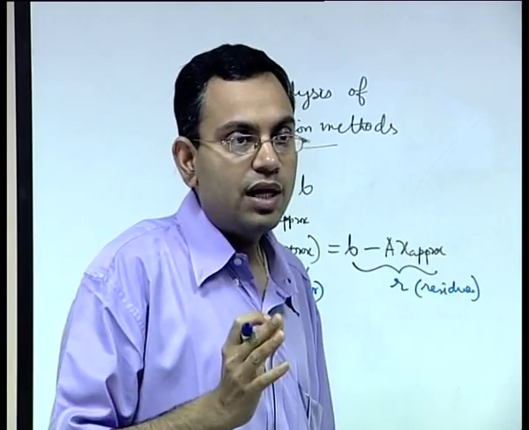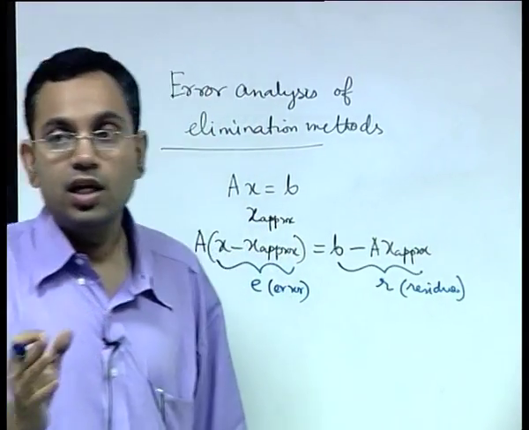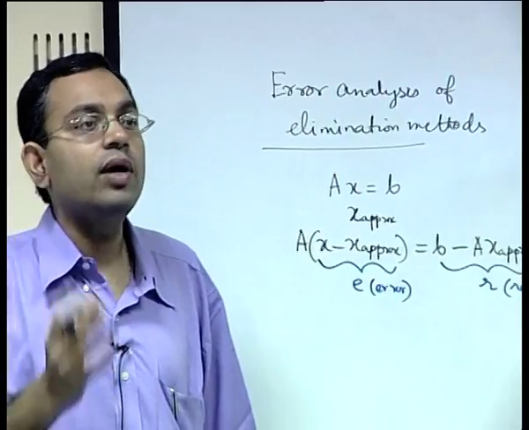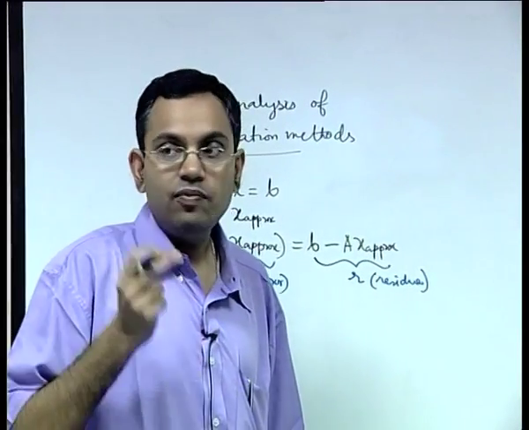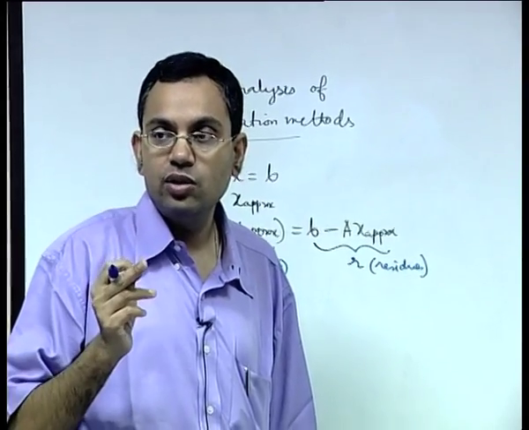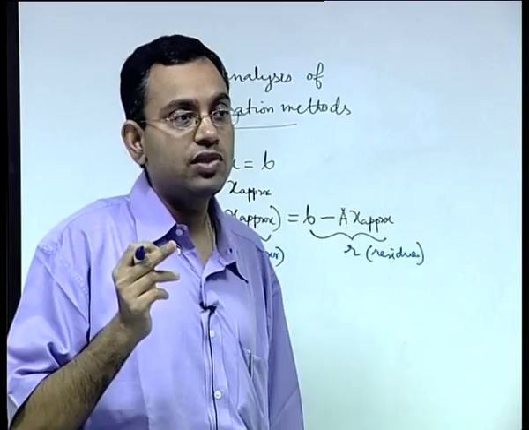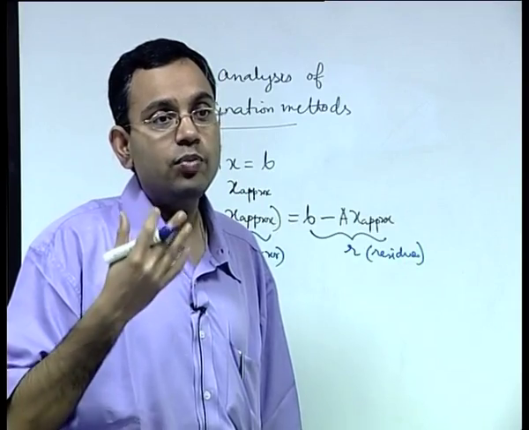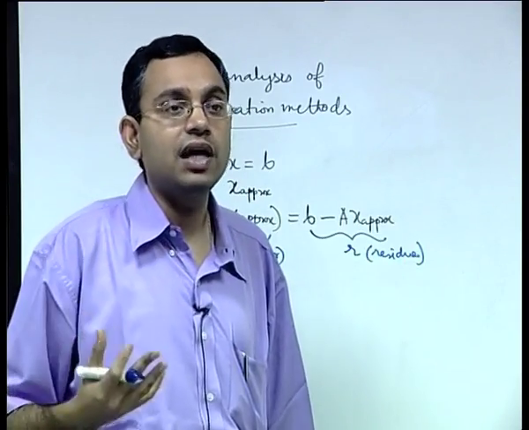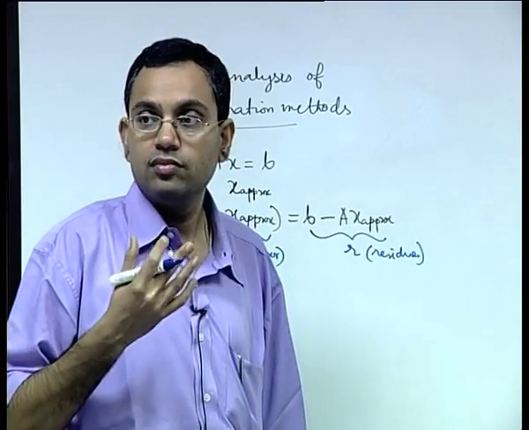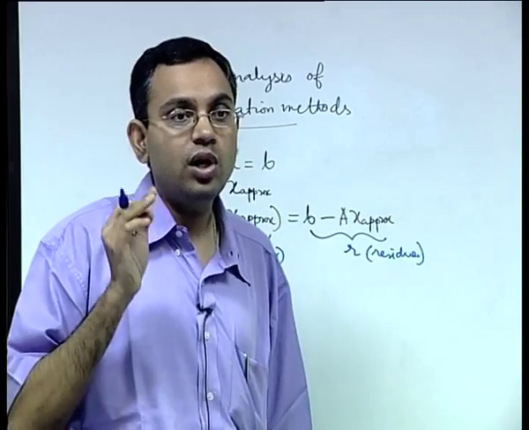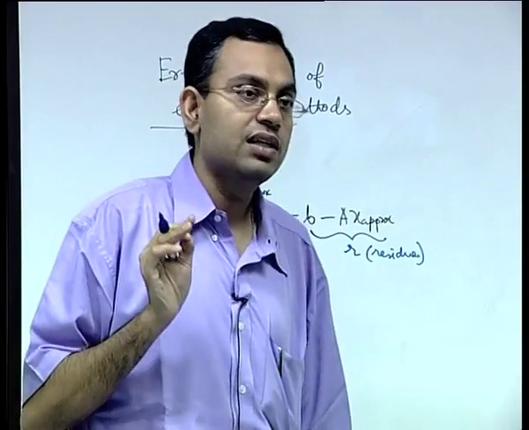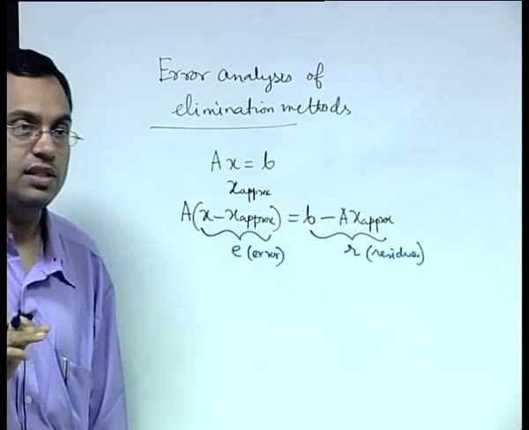You are coming up with an approximate solution, you do not know the exact solution, because if you knew the exact solution, why would you go for an approximate solution? Without knowing the exact solution, you are interested in making an estimate of the deviation from the exact solution. That estimation, not the exact quantification, is the objective of your error analysis.